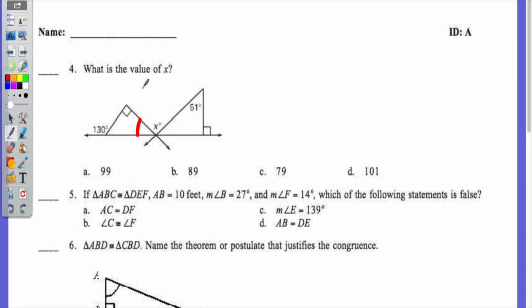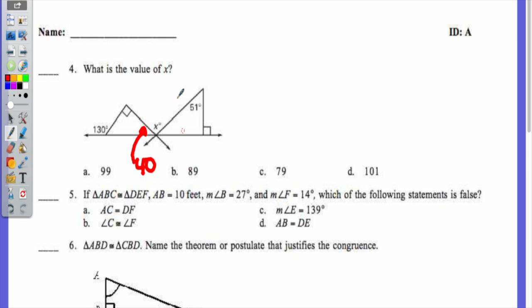So for number 4, basically this whole piece here is going to be a straight angle. It's going to be 180 degrees. So you need to find this angle and this angle to find x. So what I started doing was 130 and this angle are a linear pair, so this angle is 50 degrees, correct? If this is 50 and this is 90, this would have to be 40.